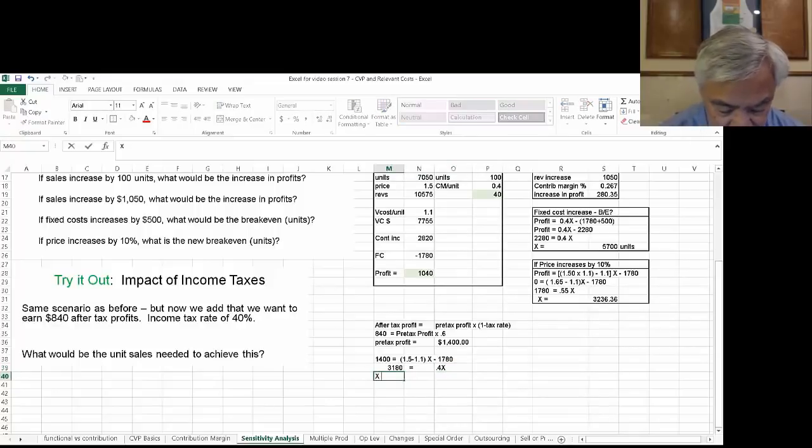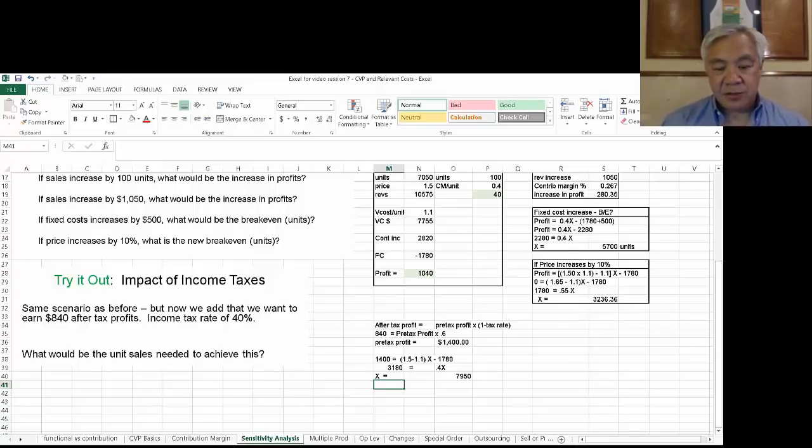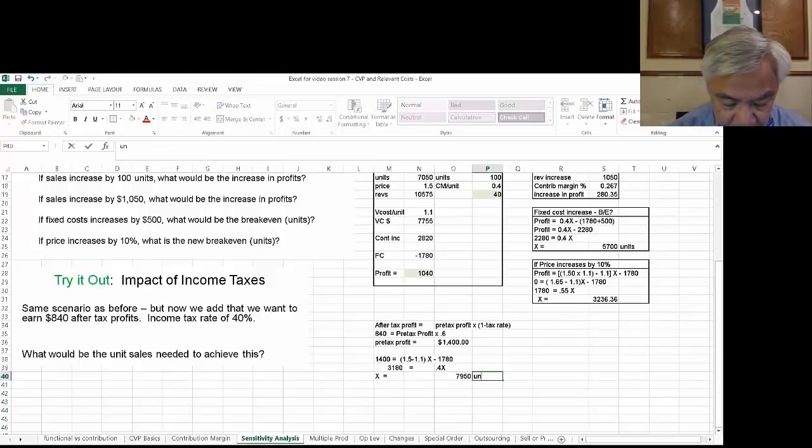We can solve for x, and the x would equal plus 3180 divided by 0.4. So 7,950 units would be the break-even, not break-even, units sold to earn $840 after tax.